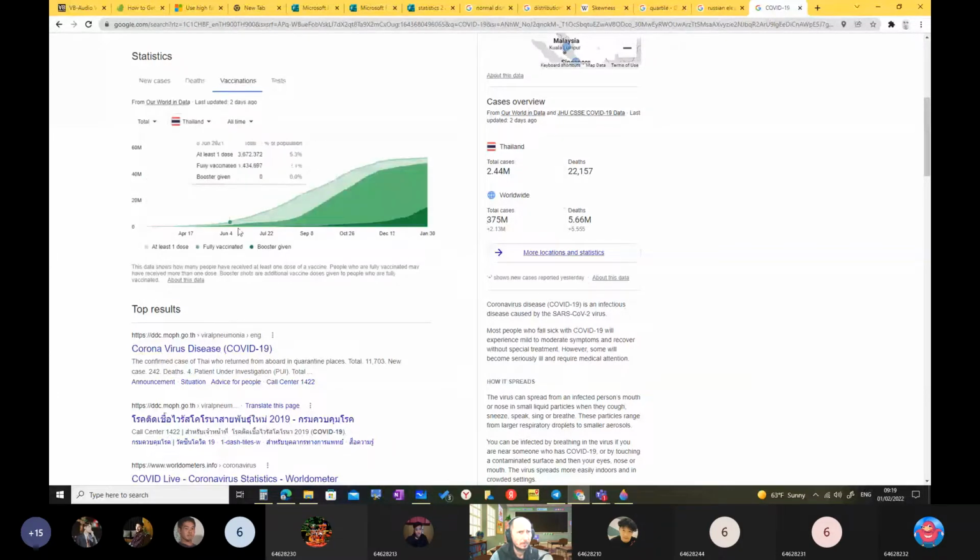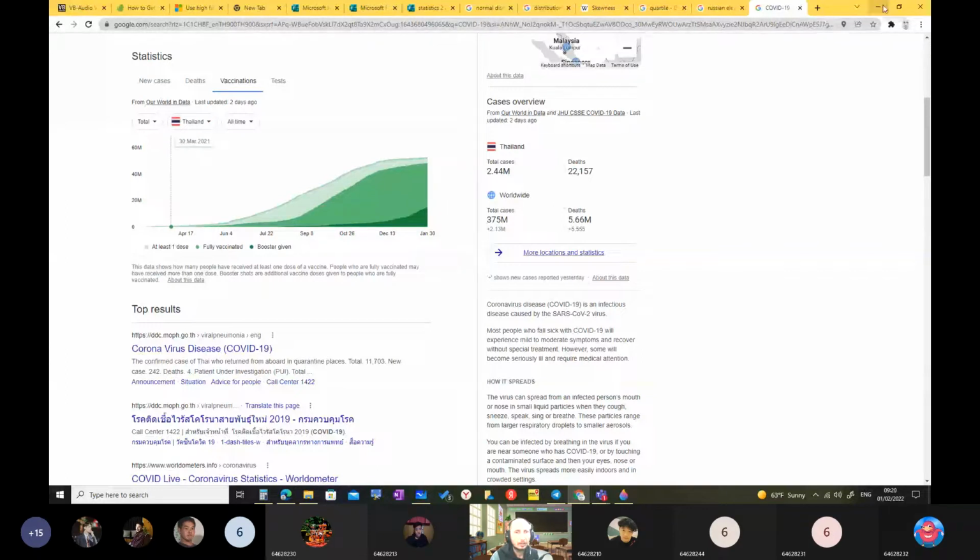It's growing. This is when they started vaccinating, and then it grew, and then it's reached. So the person who has been vaccinated remains vaccinated, right? But now they want to see more boosters, for example, if people believe in that.